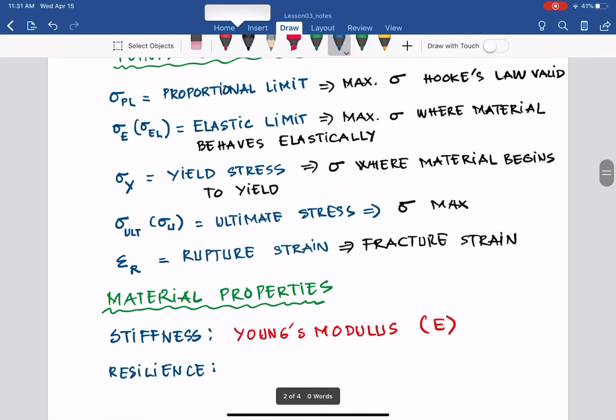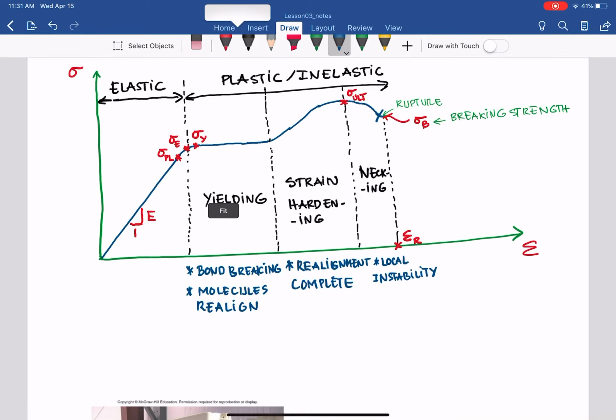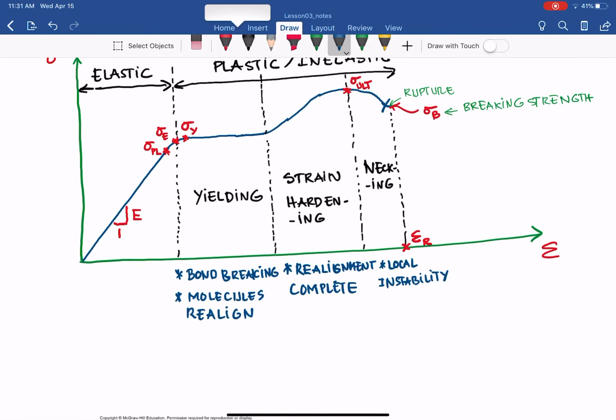For the material perspective, the resilience is the measure of the area under the elastic portion of the curve. That is the area we want to measure for the resilience. At that portion, when you reduce the stress, the material will get back to normal, so we call it resilient.